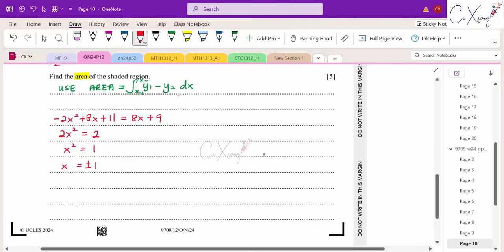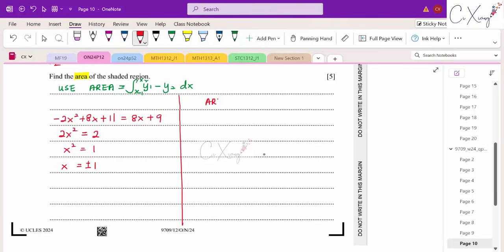So maybe for the integration, I put it here, yeah. Okay, so how to get the area? Like what I told you just now, you know that you have to integrate, right? Okay, so I will want to leave more space. To get the area, basically you need to integrate from -1 to +1, and you take the curve y1 because the curve is on top, like what I showed you just now.